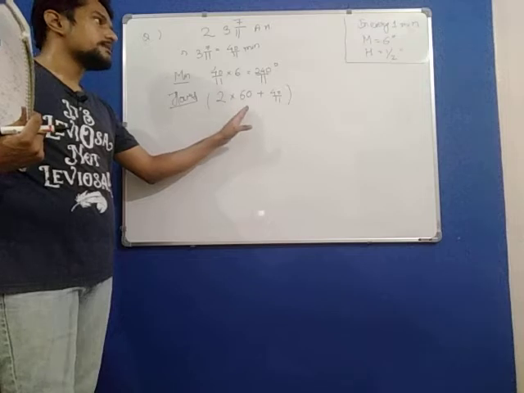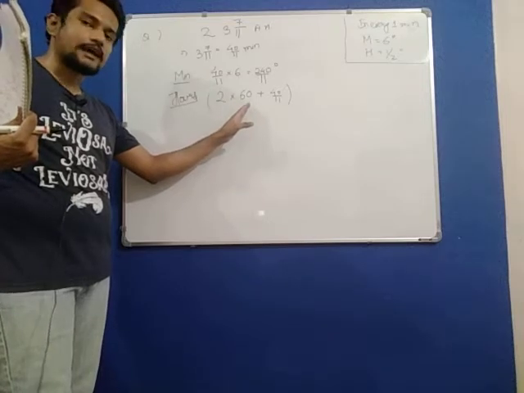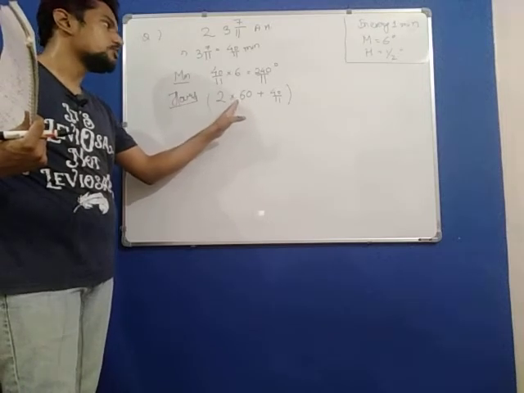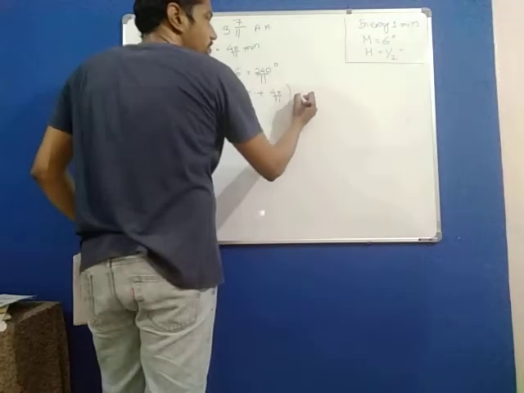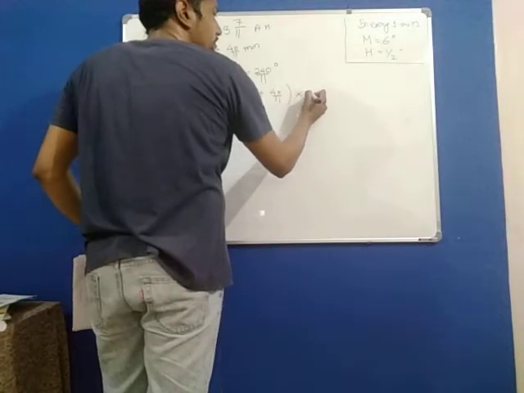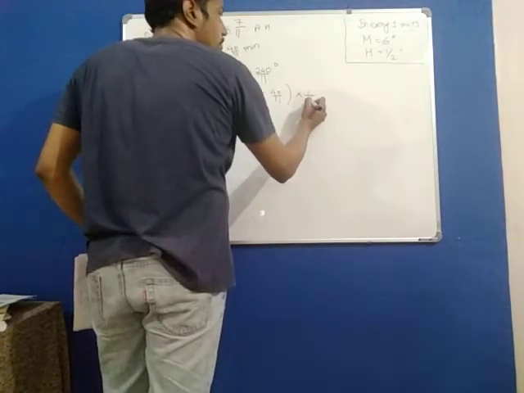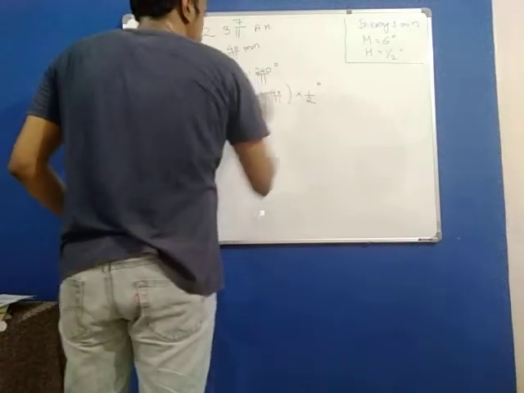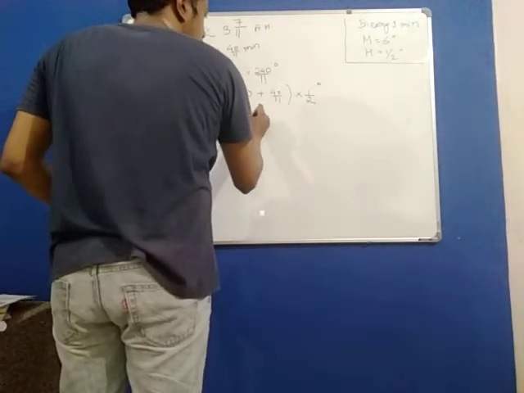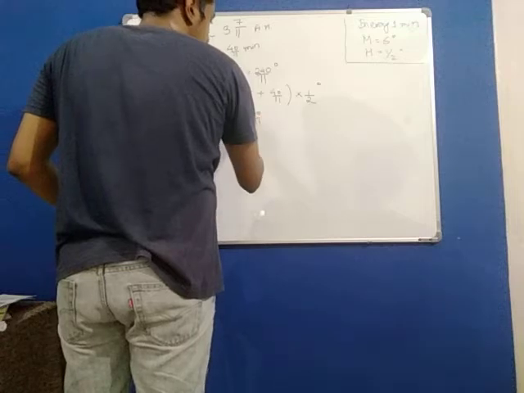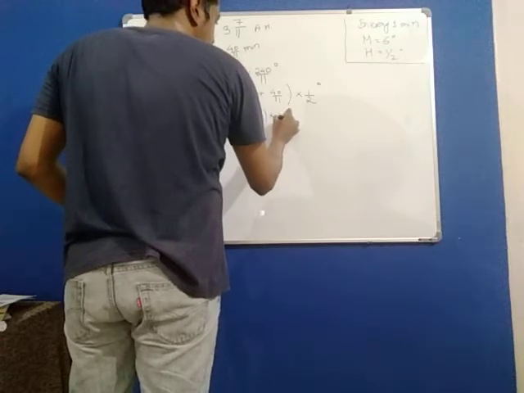In every 1 minute the hour hand subtends an angle of half a degree. So in 2 into 60 plus 40 by 11 minutes, the hour's hand will subtend an angle of 2 into 60 plus 40 by 11 into half degrees. This is nothing but 120 plus 40 by 11 into half.